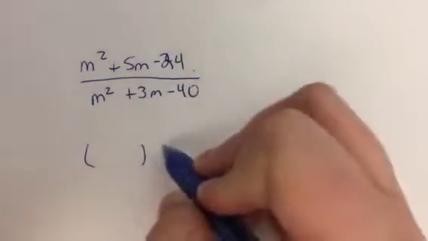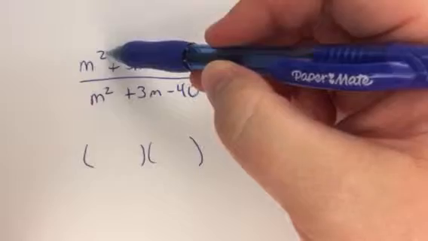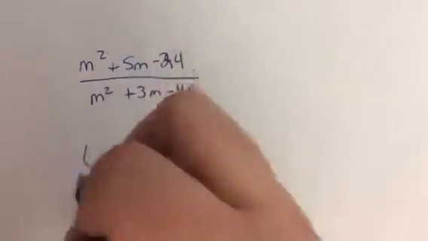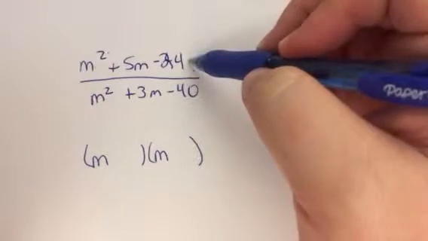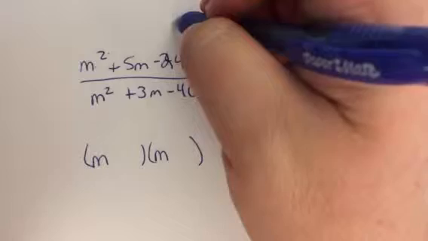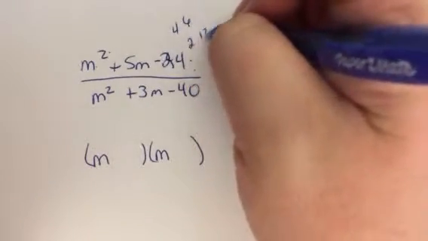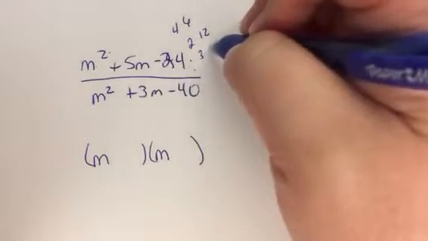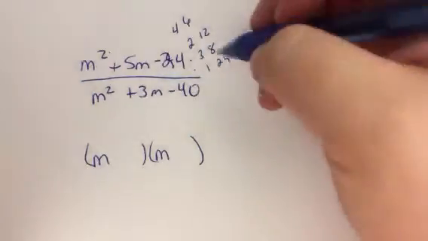If I factor my numerator, remember we ask ourselves what times what gives us m squared, and that of course is m and m. Go to your third term here. What times what gives you negative 24? Well, you have 4 and 6, you have 2 and 12, you have 3 and 8, and of course 1 and 24.